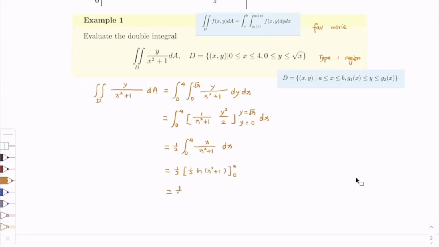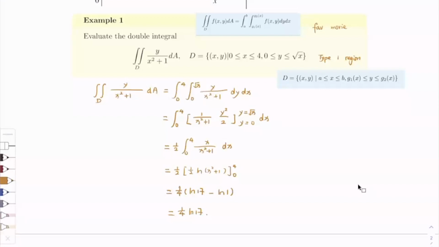So 1 over 4 times log of 4 squared, which is 16 plus 1, 17, minus log 1, which will give you 1 over 4 log 17. So this is the final answer.